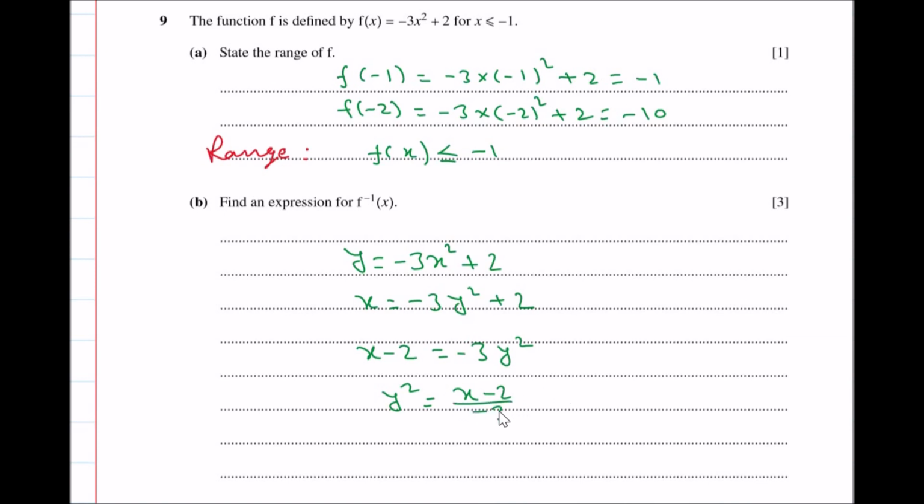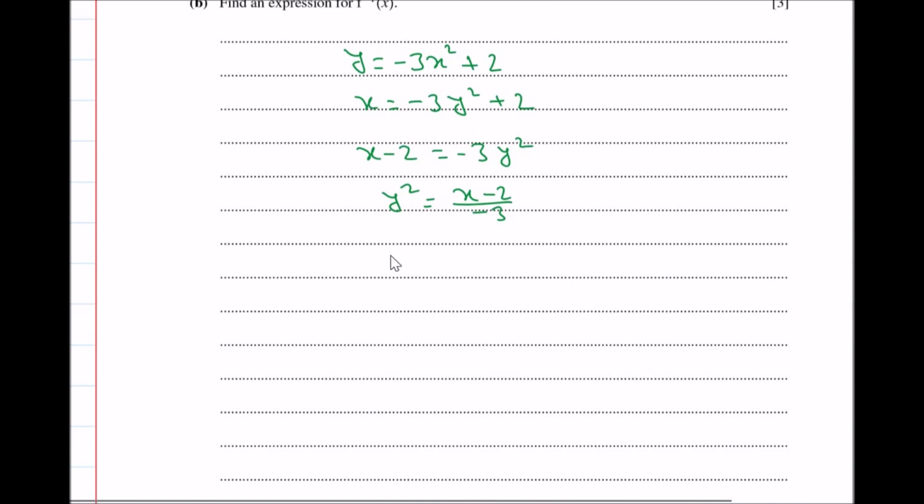Denominator should not be negative, so we have to make it positive. So we multiply top and bottom by minus 1, so that becomes 2 minus x by 3. Okay. Now we need y. So y equal to the square root of 2 minus x by 3.